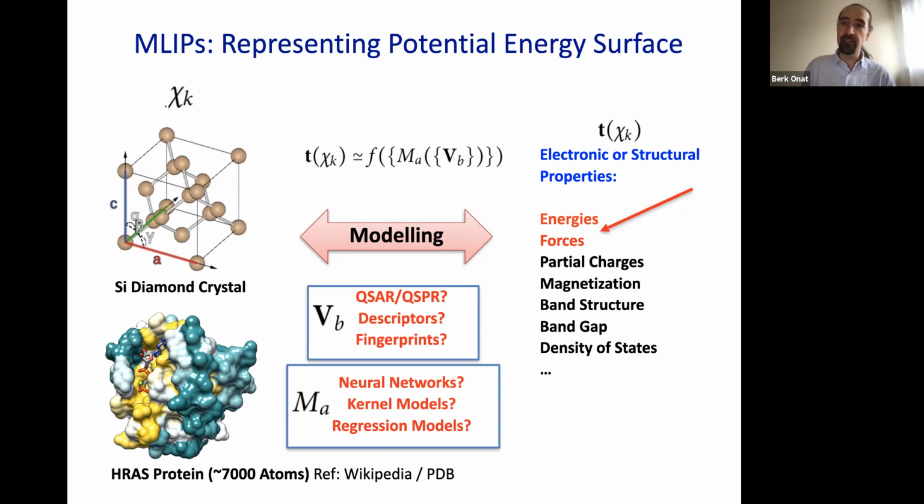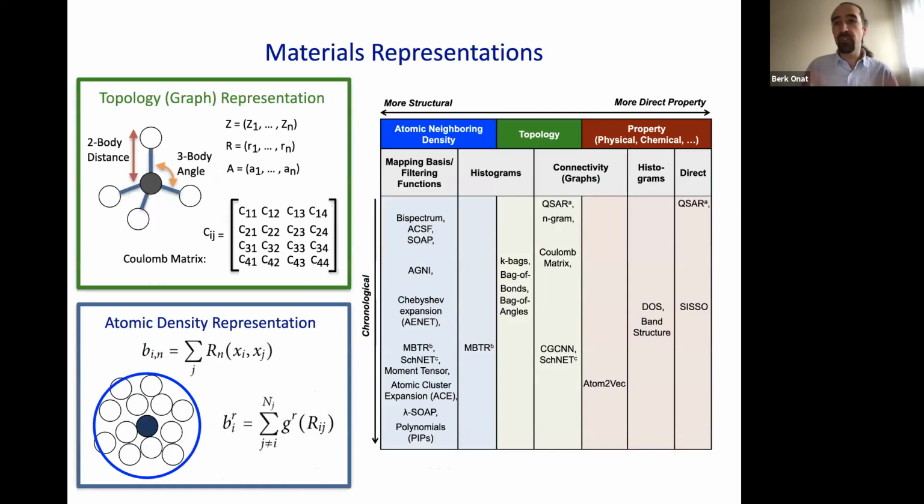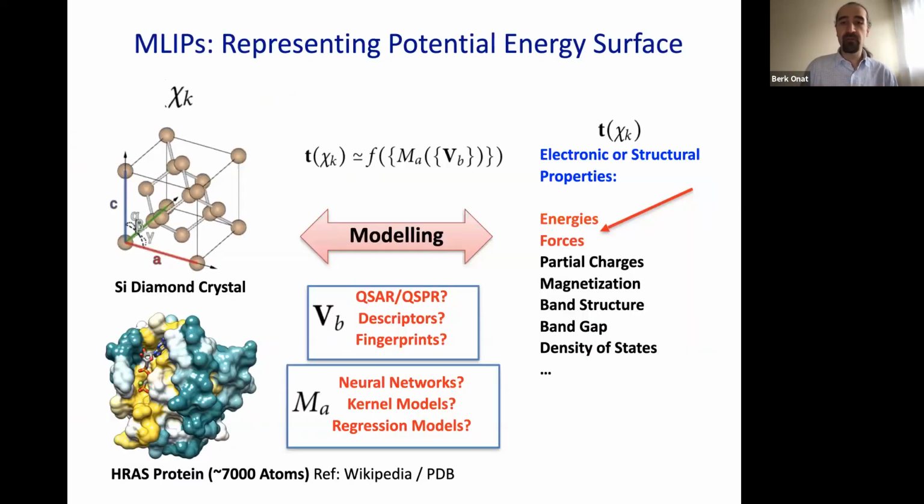The crucial part on the right-hand side now is the energies and forces, not the other electronic and structure properties, which we will not care about currently. So what are these models? I'll talk about the descriptors and the models today, and how we consider these.